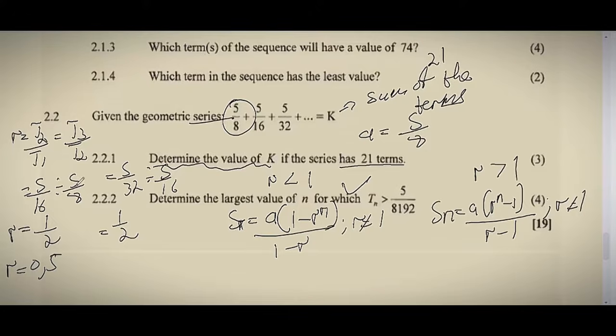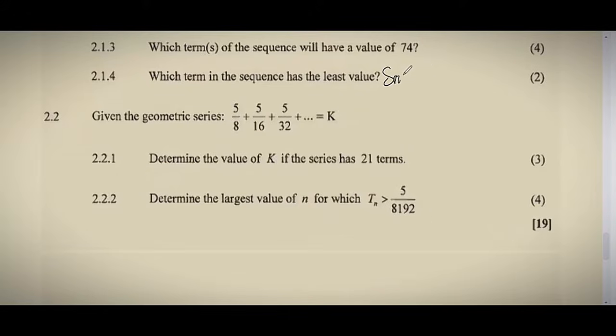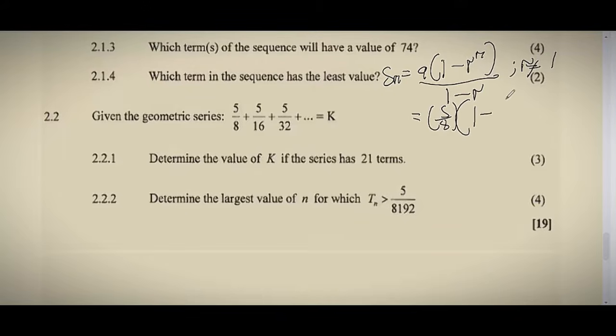Now let's calculate. This would be Sn is equal to a(1 minus r^n) over (1 minus r), where our r should not be equal to 1. The a value is 5 over 8. Then we have r is 1 over 2, and then to the exponent of what? 21, because they said 21 terms.